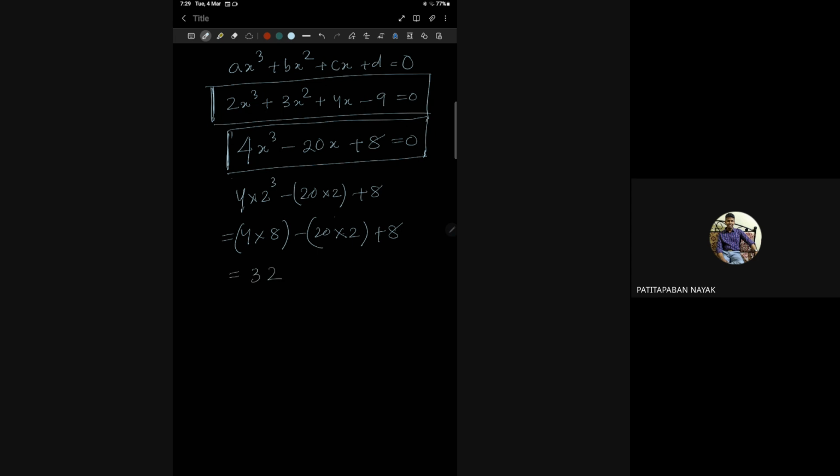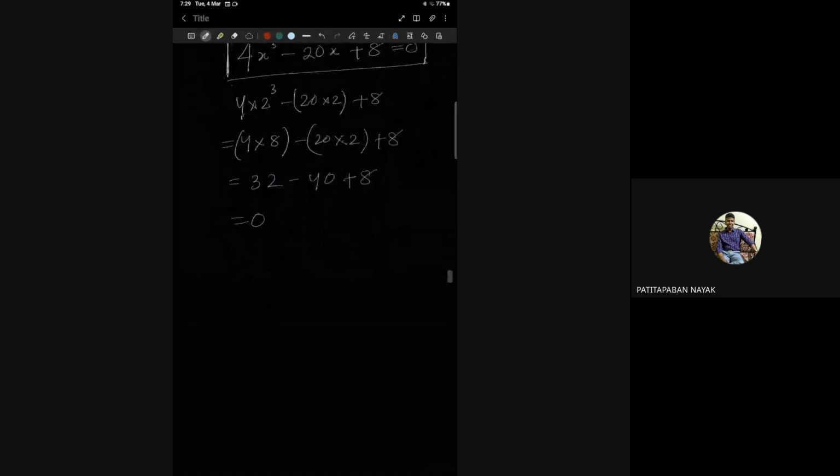So that is 32 minus 40 plus 8 is equal to 0, right? Isn't it? Yes, sir. So the answer is x is equal to 2, isn't it? That's one solution.